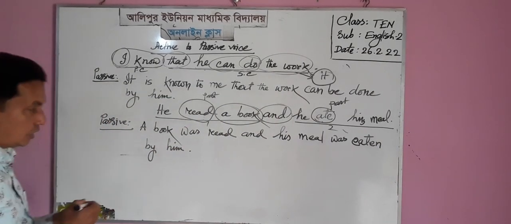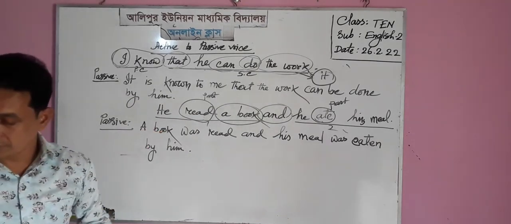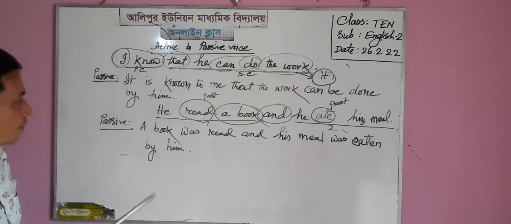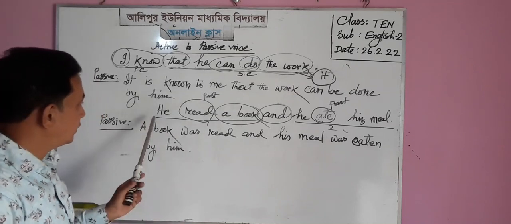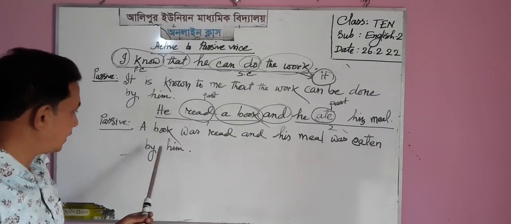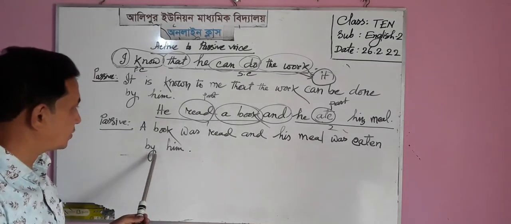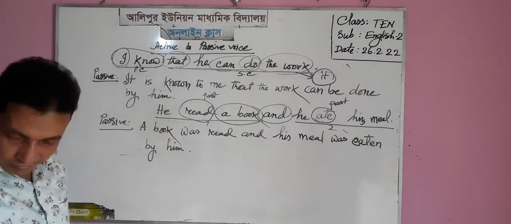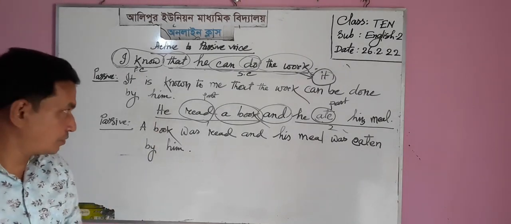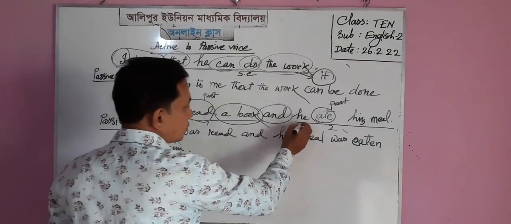Dear students, look at the sentence and think very carefully. We have written by him only at the end of the sentence, because he is the subject in the first clause and also the subject in the second clause.